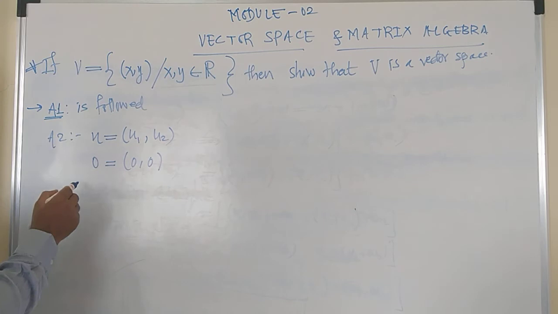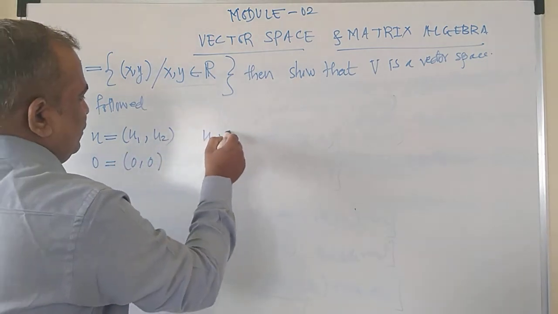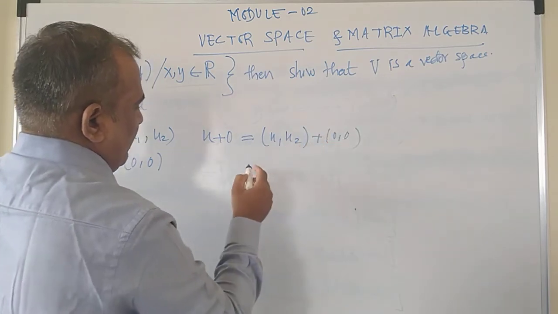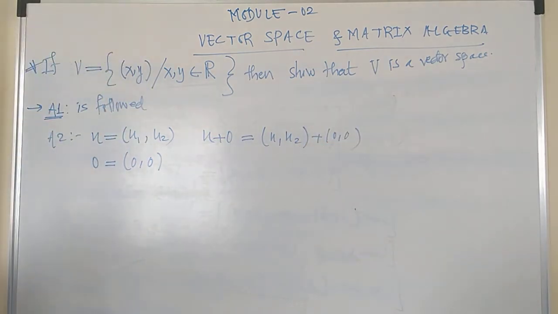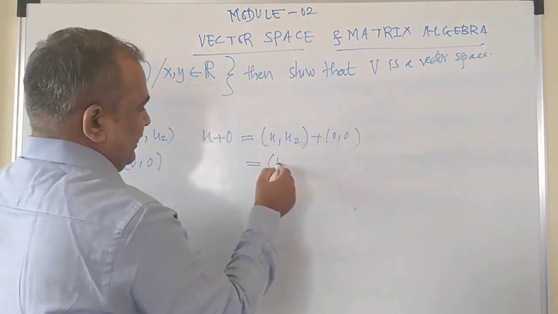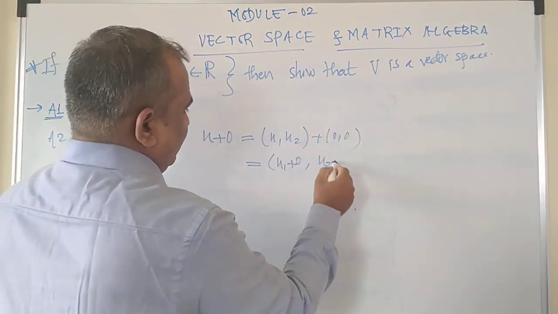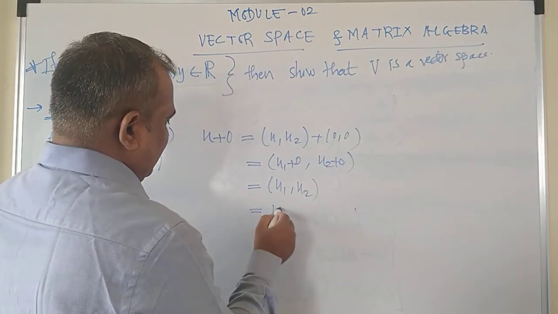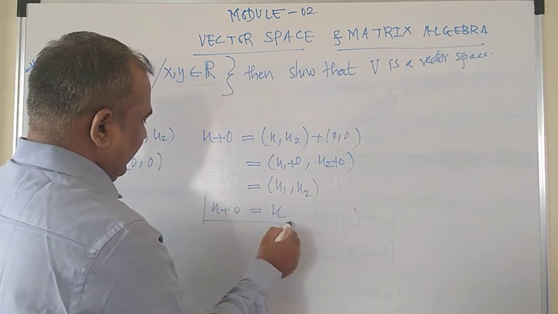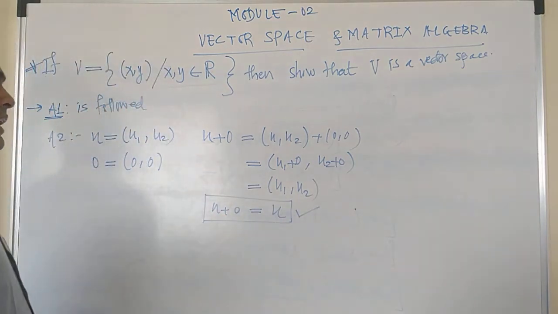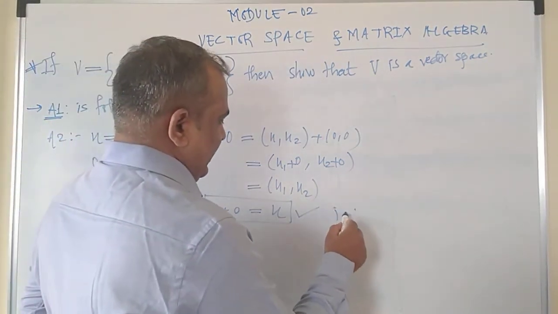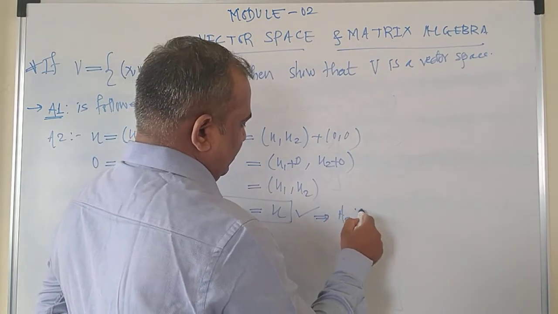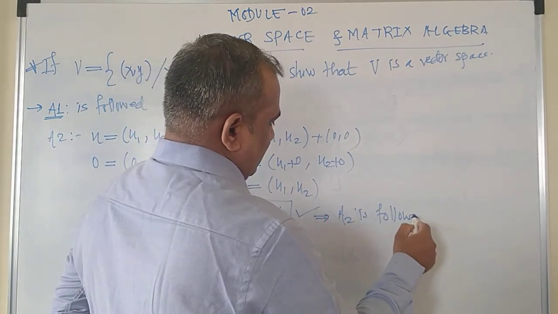And if you add these two, then you will get u plus 0 is equal to u1 u2 plus 0 0, and this addition will give you u1 u2 only, right? u1 plus 0 and u2 plus 0, which gives you u1 u2. This is nothing but your original vector u only. This indicates that the second axiom is also followed, right? So A2 is followed or verified.